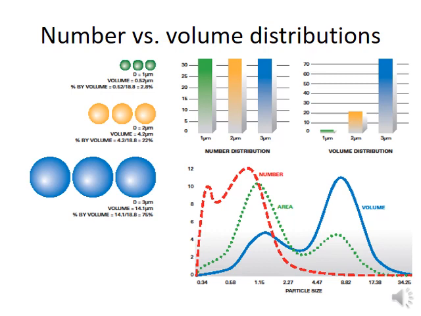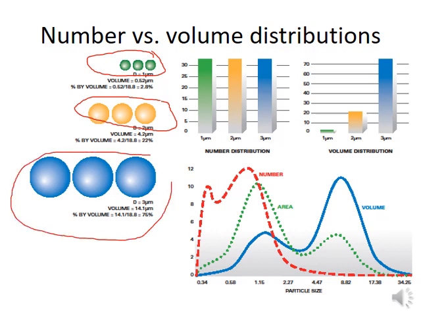The difference between number and volume distribution is shown in this figure. Let's assume that we have 9 particles, 3 of them having a diameter of 1 micron, 3 of them having a diameter of 2 microns, and 3 of them having a diameter of 3 microns.